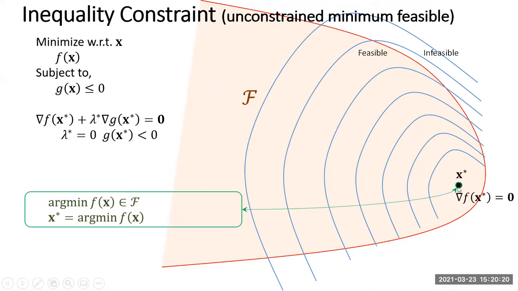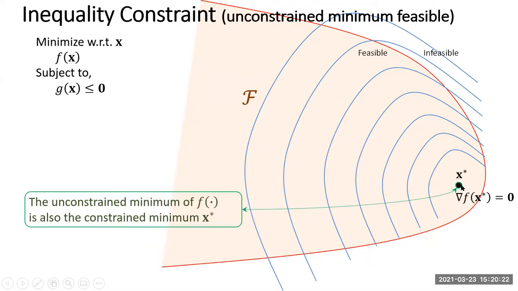Now, what happens to del g? What's the value of g in this case? It's inside, right? The value of g is strictly less than 0. So g of x is strictly less than 0.